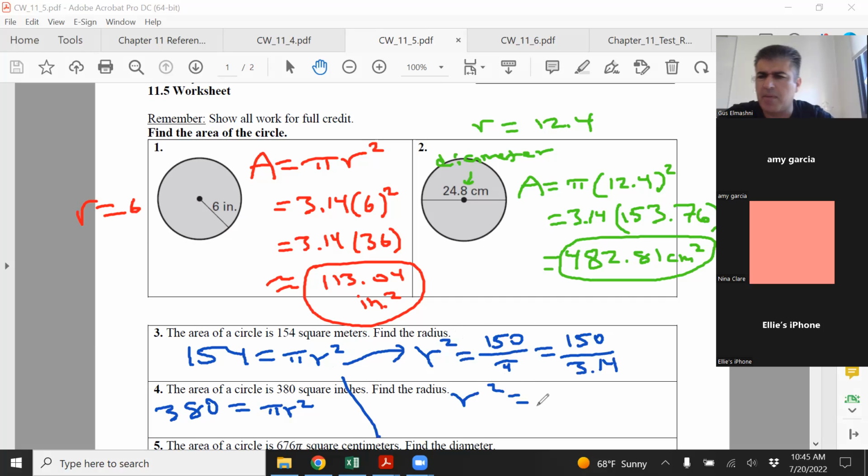So R squared, whatever that is, that's 47.77. Square root both sides, which is 6.91. 6.91 meters.